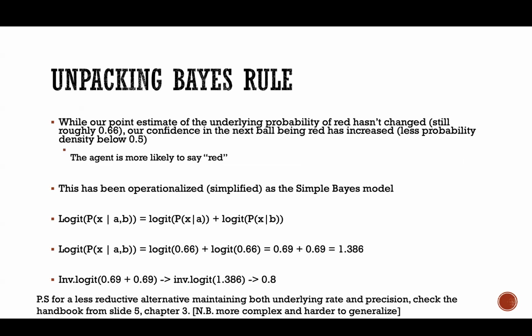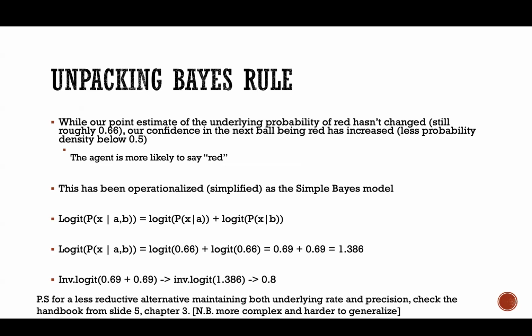While our point estimate of the underlying probability of red hasn't changed, it's still roughly 0.66, 2/3 of the marbles in the urn are red, our confidence in the next marble being red has increased. There is less probability density below 0.5.